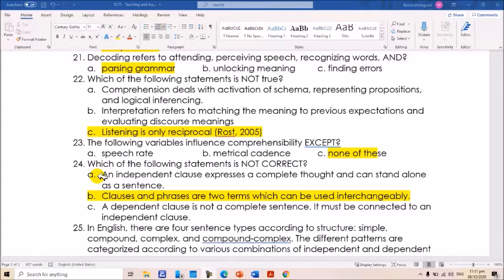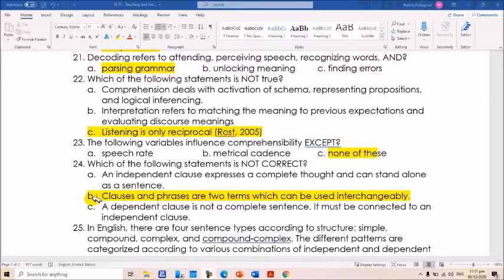A is a correct statement. An independent clause expresses a complete thought and can stand alone as a sentence, right? Letter C is also a correct statement. A dependent clause is not a complete sentence. It must be connected to an independent clause. So the answer here is letter B.